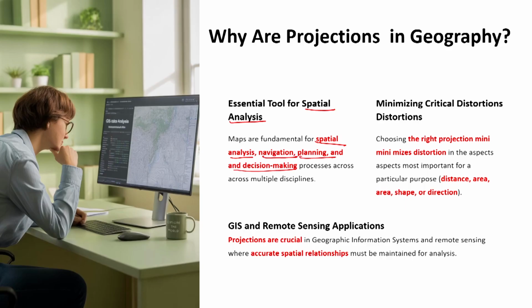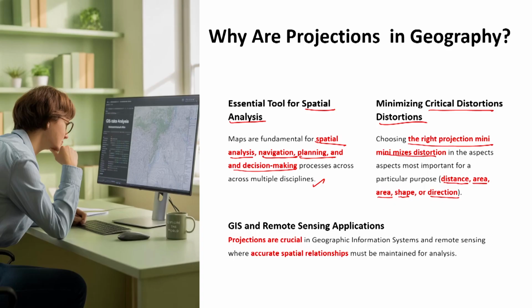So, in order to perform all these things, we have to have an appropriate projection system, and we have to choose the projection with minimal distortion. When you choose the right projection, we can minimize the distortion. Distortion, as I discussed earlier, means we can have a clear measurement of distance, area, shapes and directions. So, these all come under minimizing the distortions.